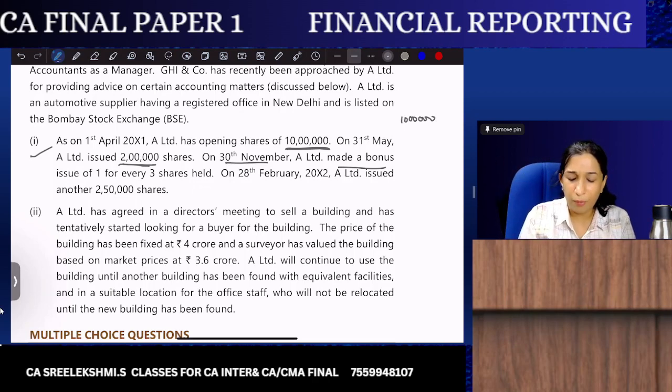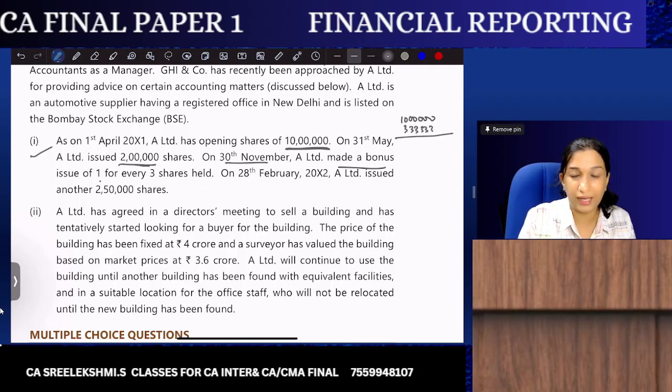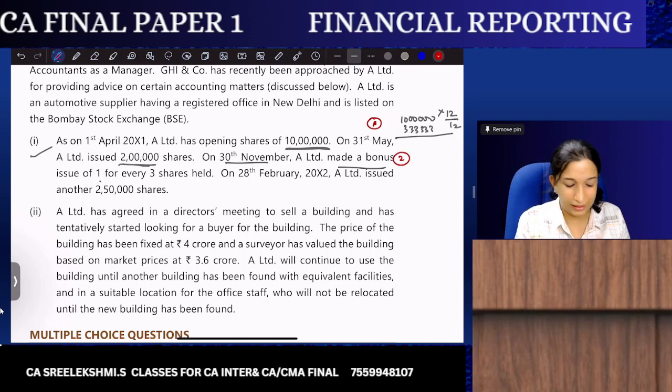So the bonus issue for these 10 lakh shares, 1 for every 3, means 10 lakhs divided by 3, which is 3,33,333. This will be taken from the beginning, so into 12 by 12. I'm not doing it cumulatively, I'm doing it separately.